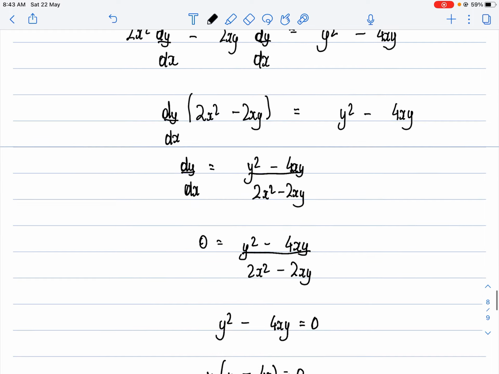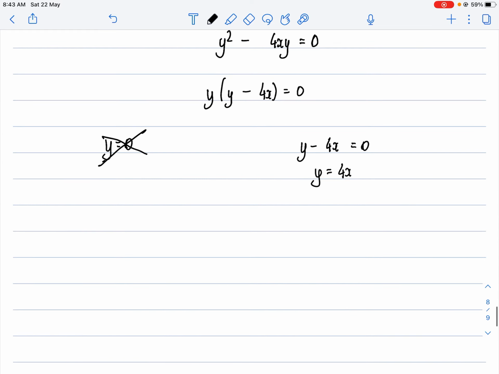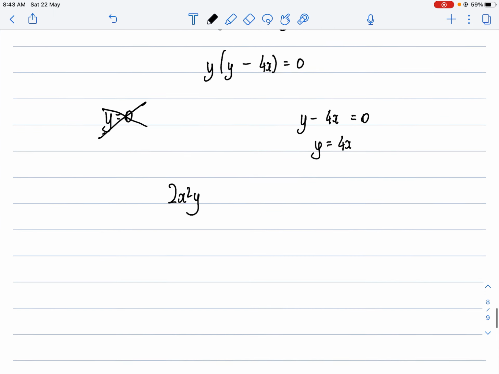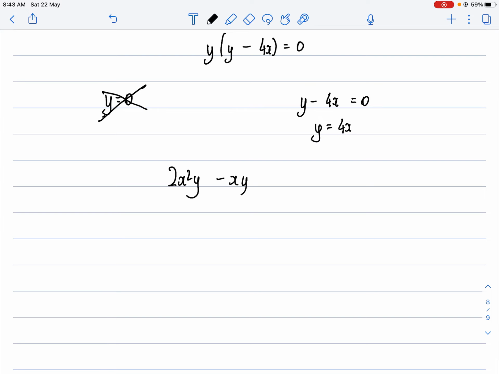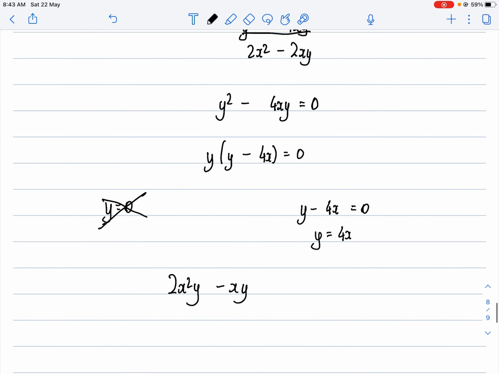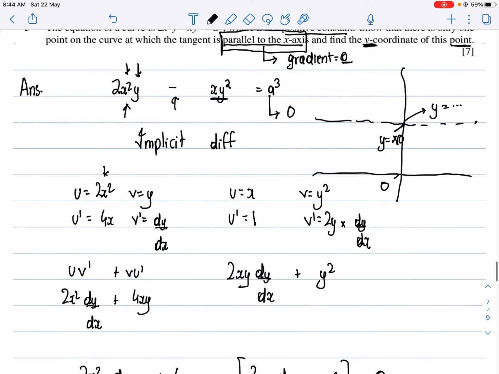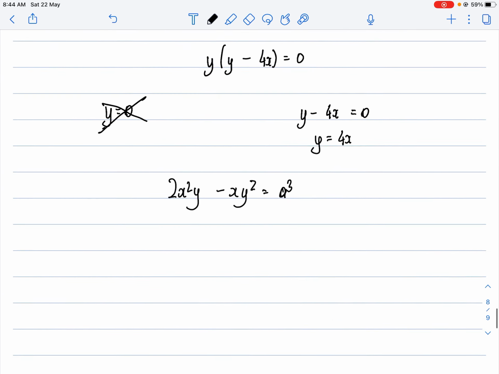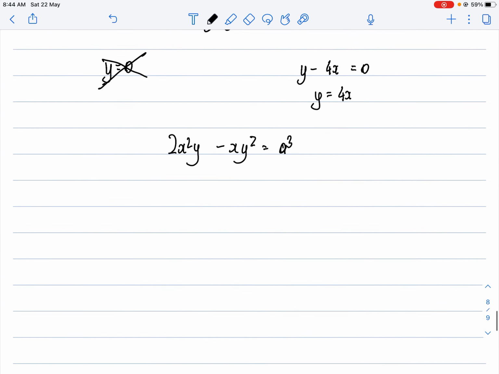So what I'll do is, my equation is simply 2x square y minus xy square equals to a cube. This is what we got here, the equation of the curve. Now I need my y coordinate, so in place of y, I'll substitute 4x.